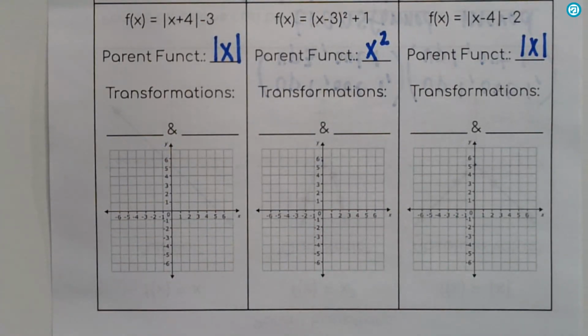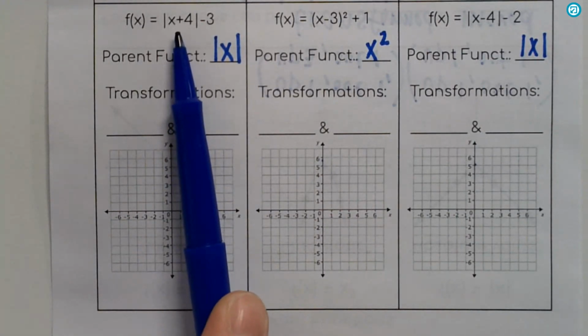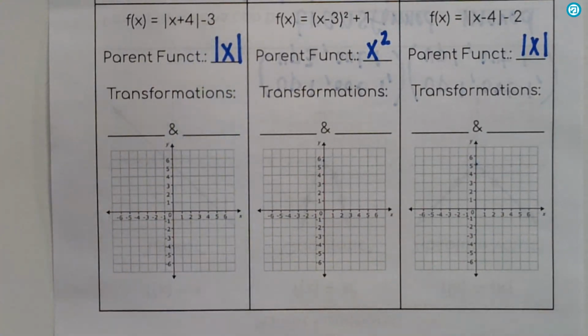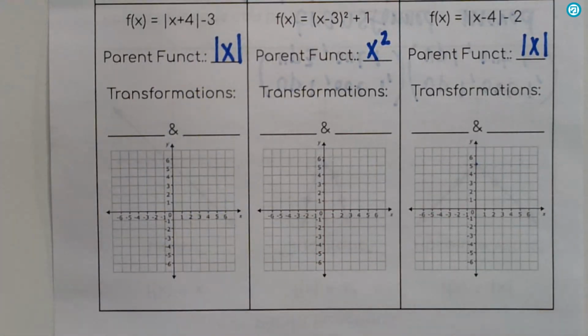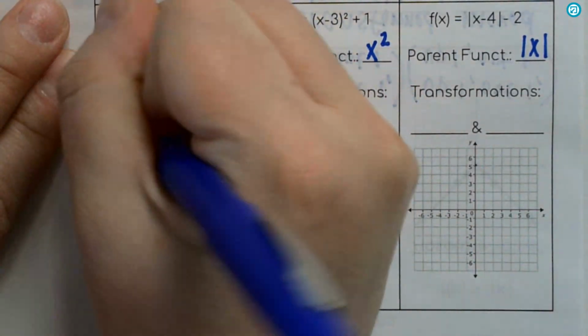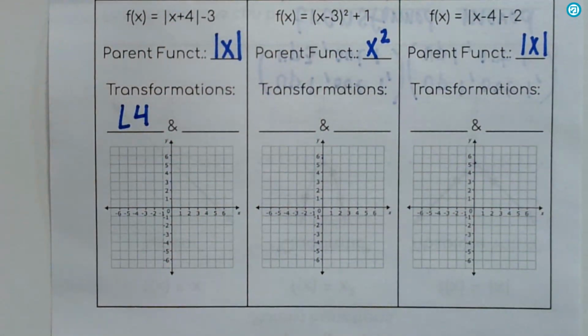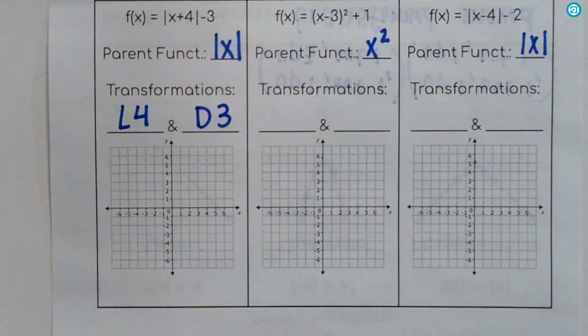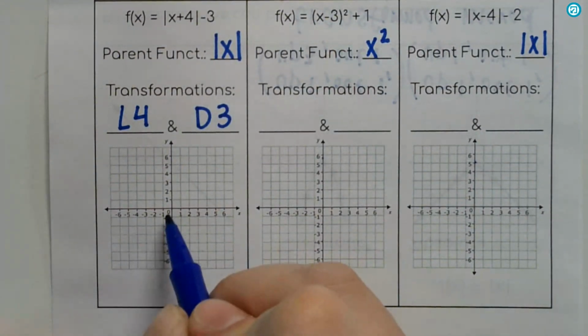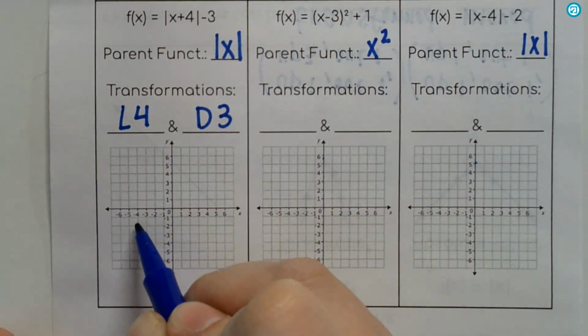Okay, so this first one, we need to move left 4 and down 3. So if you use your table, adding inside moves me left. So left 4. And then subtracting outside moves me down. So it's going to be left 4, down 3. So start at 0, 0. Move left 4. Move down 3.